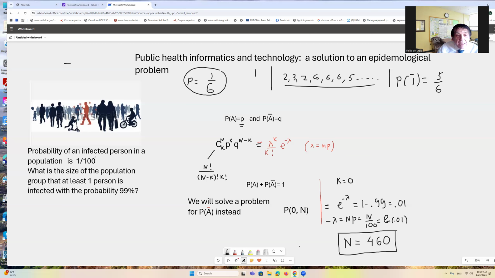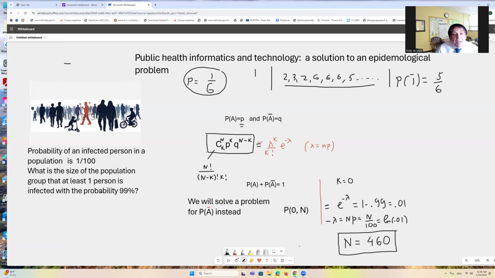The probability of having, let's say, one person infected or two people infected, we can express in terms of the Bernoulli formula, which is this one, where P is finding a person, Q is not finding a person, and what we have to find is the number of people in your group that guarantee that this person will be here.